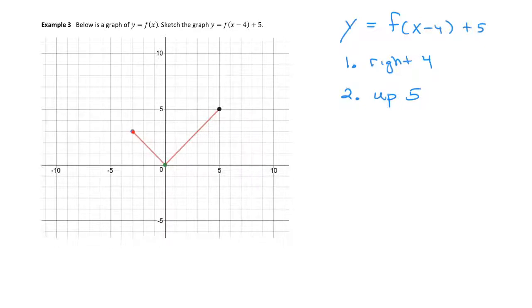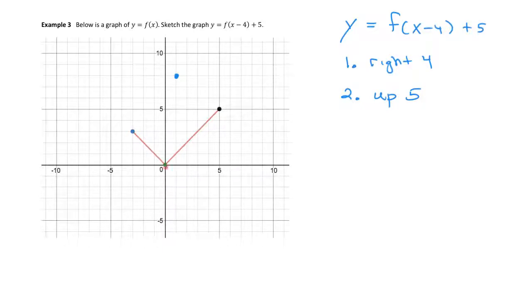We're first going to go right 4 places, and then we're going to go up 5 places. And we end up at this location here. This is 1, 8. Let's do that for the remaining 2 points.